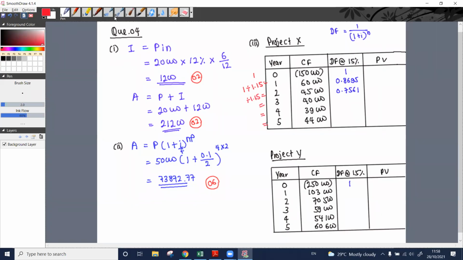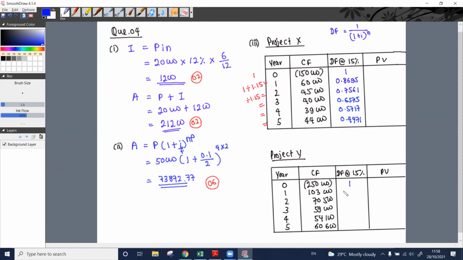For the third year, the discount factor is 0.6575. Fourth year, it should be 0.5717, and fifth year it should be 0.4971.